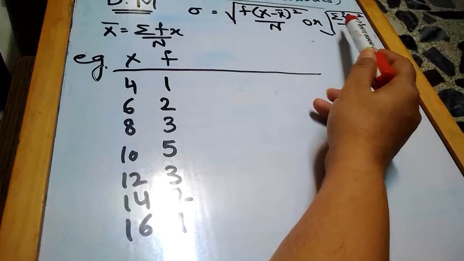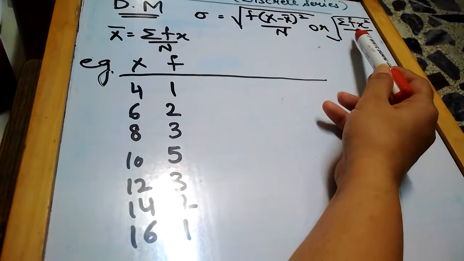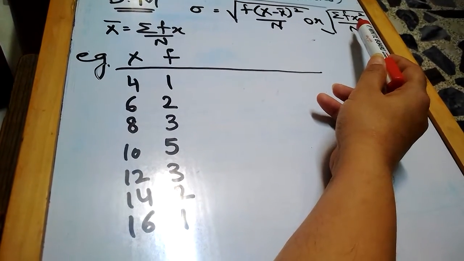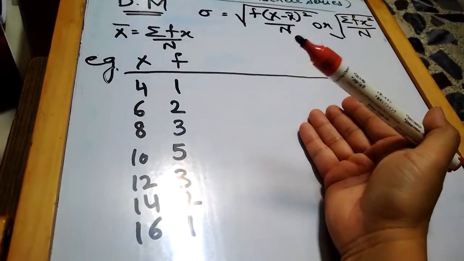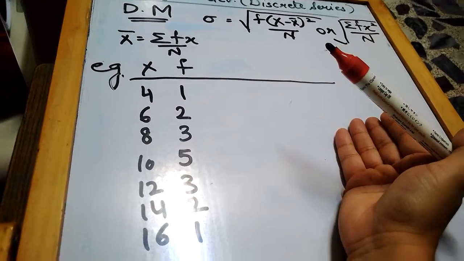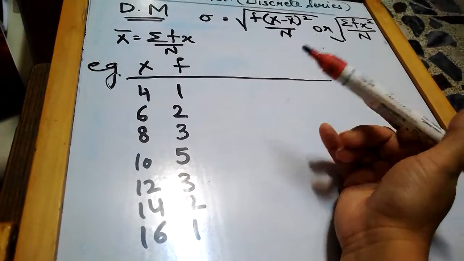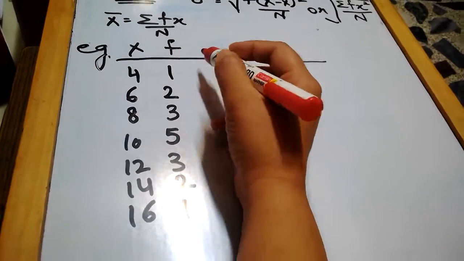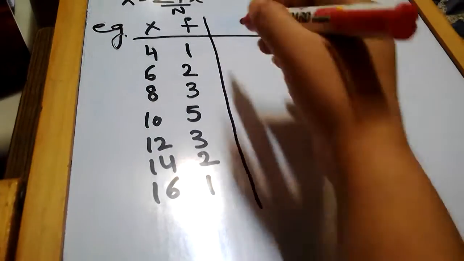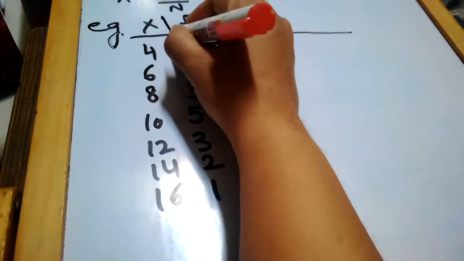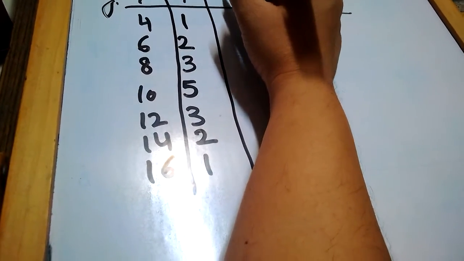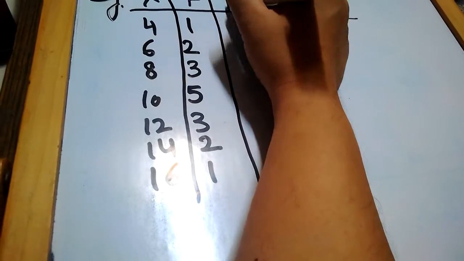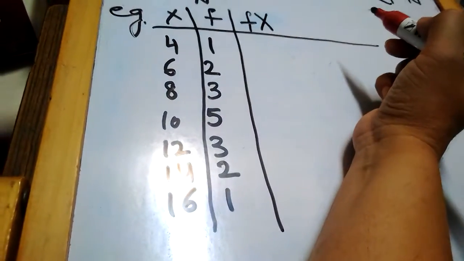Where is this small x coming from? First we have to calculate fx capital.